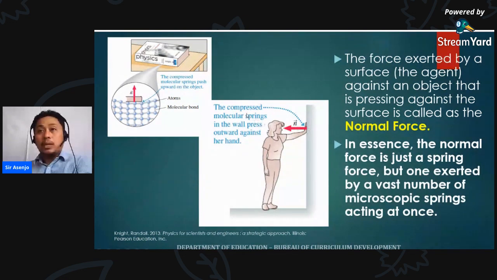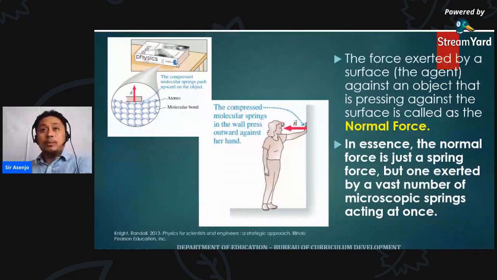Okay, the compressed molecular springs in the wall press outward against her hand, meaning the direction of the applied force by the girl is going to the right, and of course the wall also will push with the same magnitude but in opposite direction going to the left. In this case, physics books on top of the table, normal force, the agent is the surface of the table.